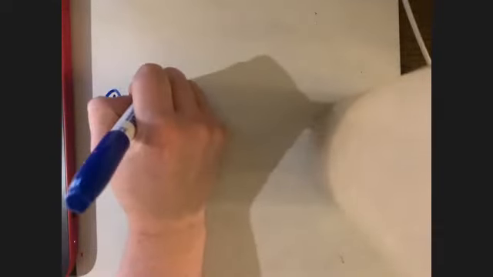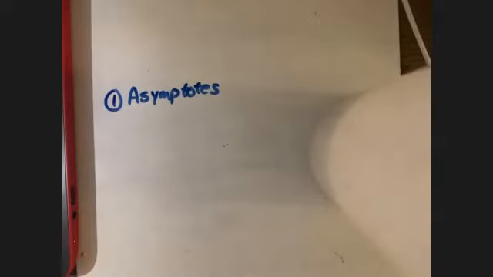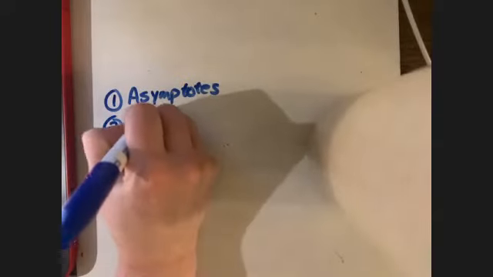Okay, now, when we go to graph rational functions, my order differs from the book, okay? First thing I look for is asymptotes. And I want all of them, okay? I want verticals, horizontal, slants, whatever there is, I want to know what's off limits first. Next thing is I want x-intercepts.